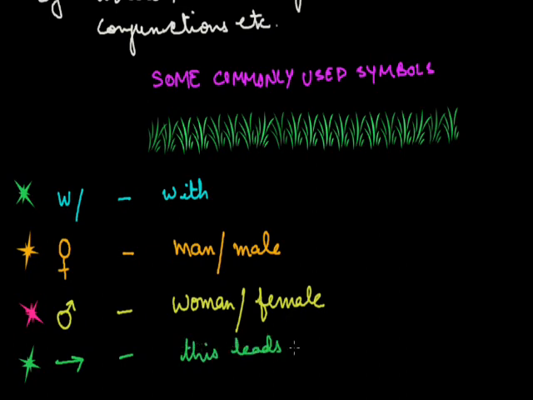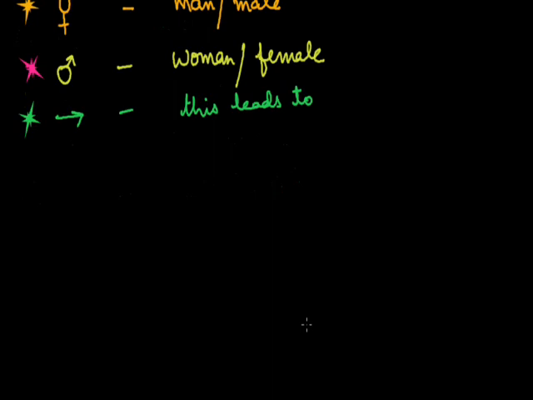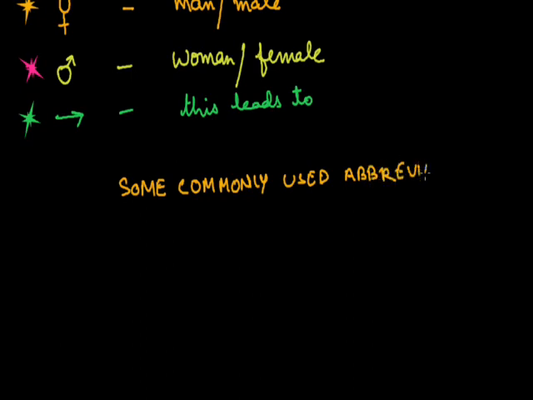Now I'll tell you some commonly used abbreviations. See this very important and interesting thing. First of all, I'll write C19, which means 19th century.